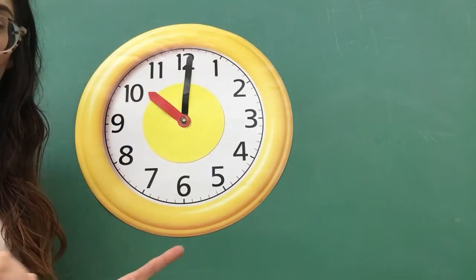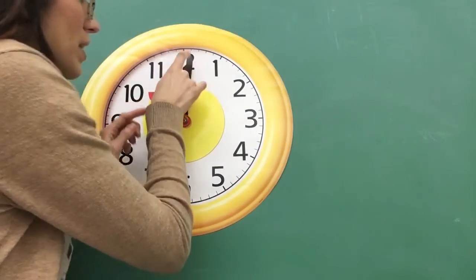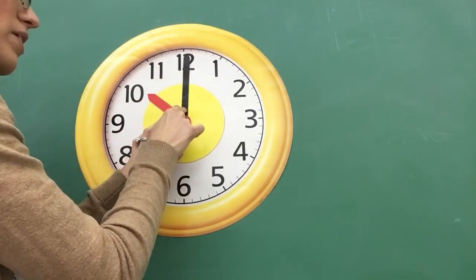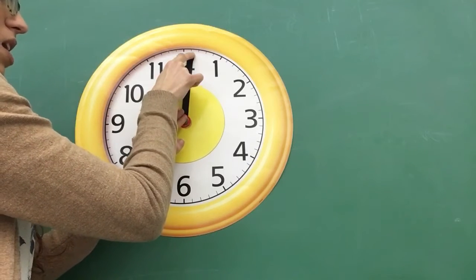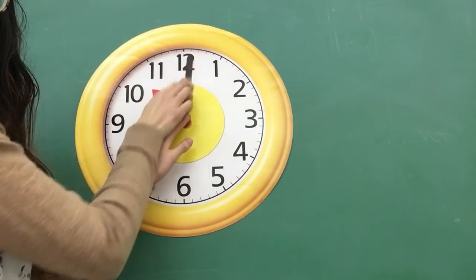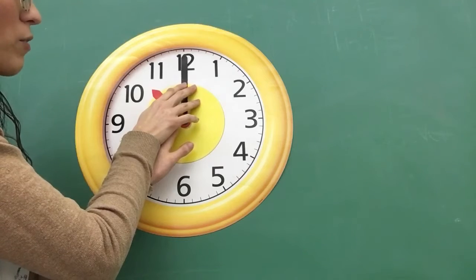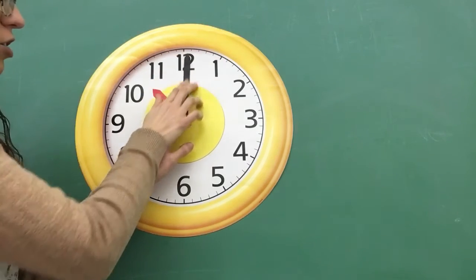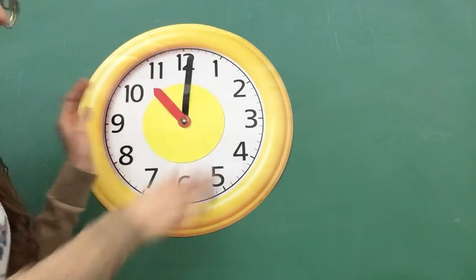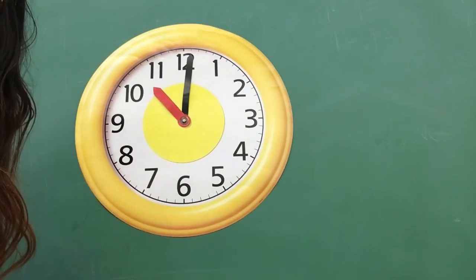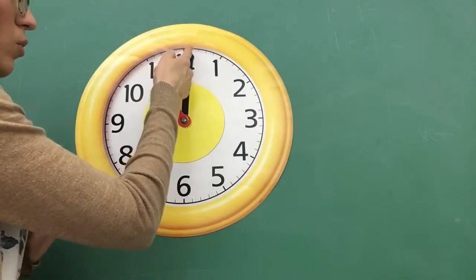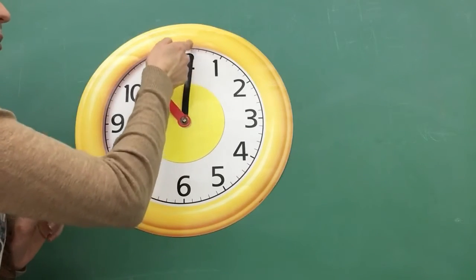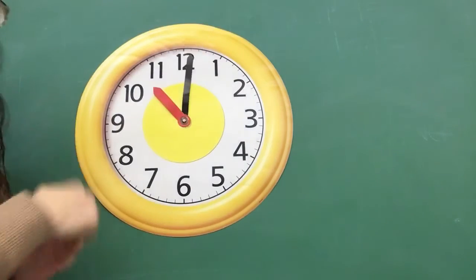The reason why we see that is because this minute hand is on the first line. It's not on the 12. If it was on the 12, it would be there, but it's actually right there. So it's 10:01 with the 1 minute showing, or the little line, if you can see it.